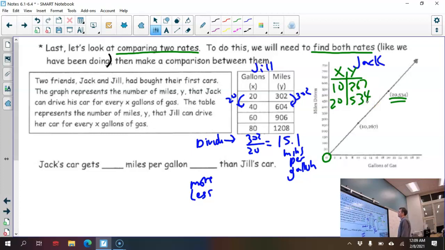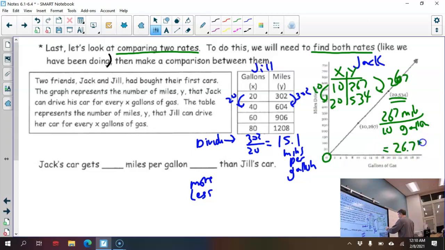And now I could figure it out just like I did Jill's. I could say this is going up by 267, and this is going up by 10. So the miles goes up by 267 for every 10 gallons. How much would that be for 1 gallon? Well, I just divide. And when I divide, I get 26.7 miles per gallon.